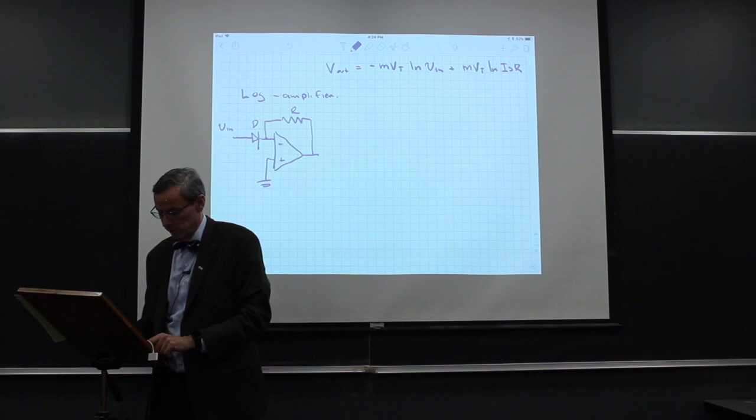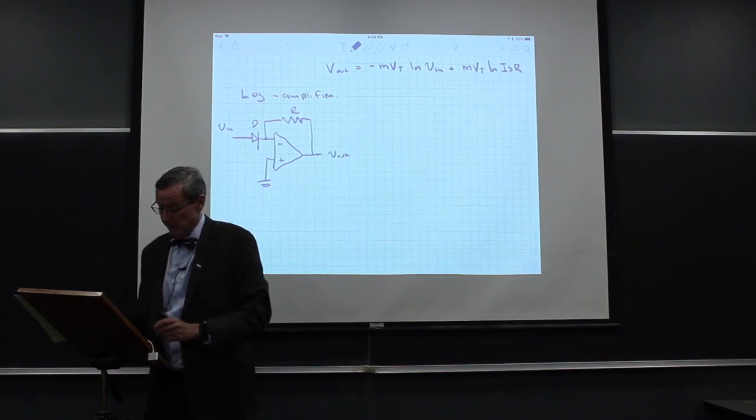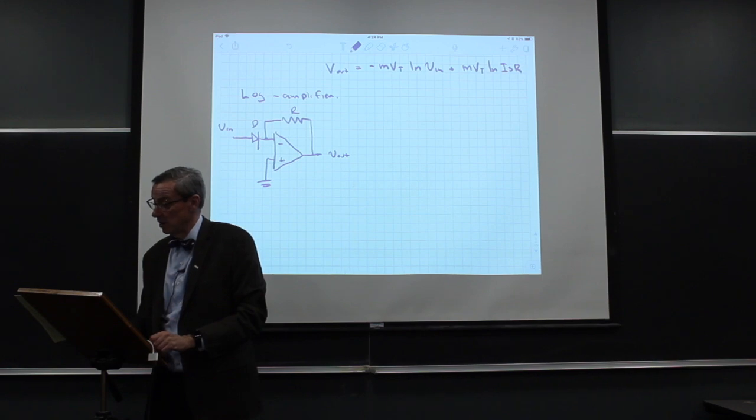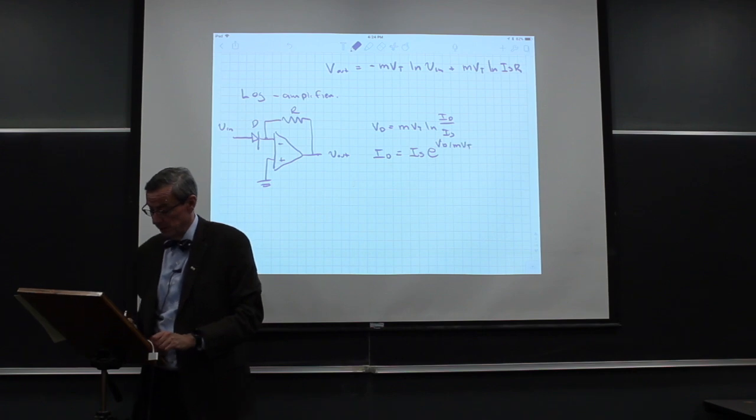And I'll just remind us of the Shockley equation: the voltage drop across a diode is MVT natural log of I diode over IS, or the current through the diode is going to be IS e to the V diode over MVT.